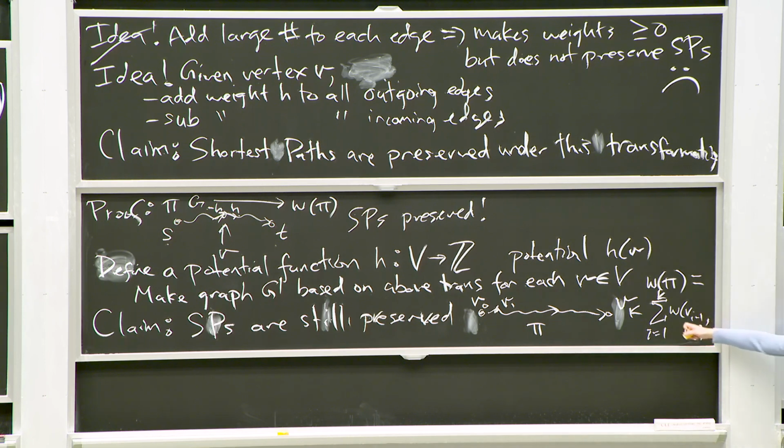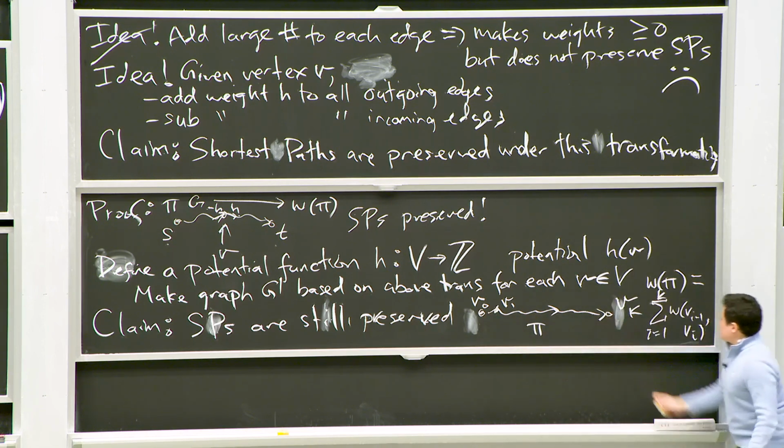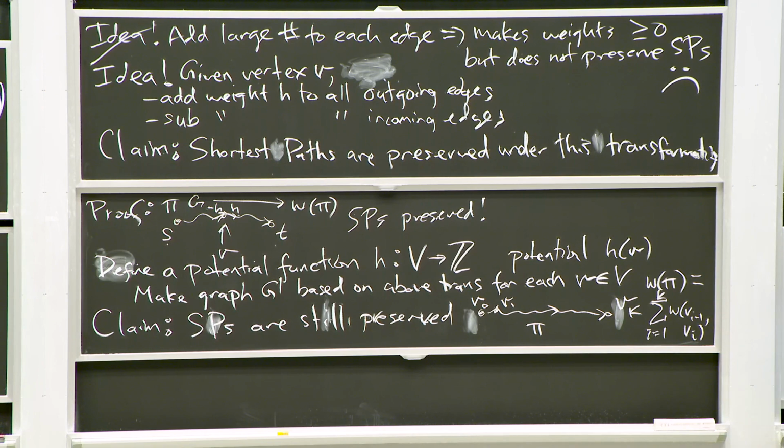This is poor notation. This is the weight of the edge from Vi minus 1 to Vi, and I've got my indexes from 1, that's the first edge, to K, which is the last edge. All right, so that's the weight of my path.